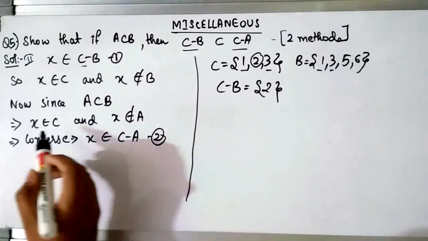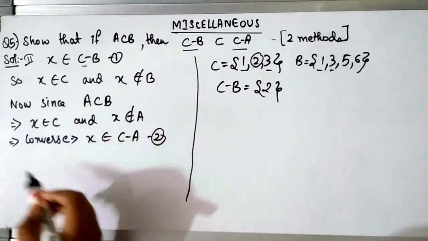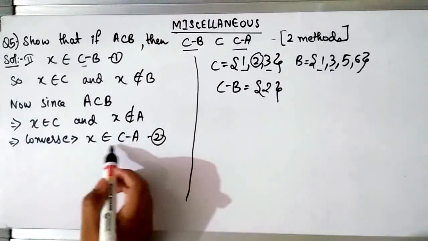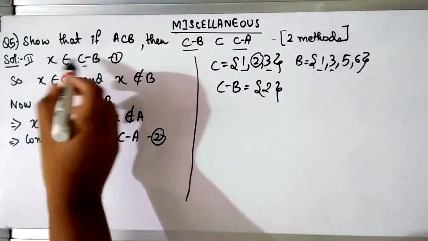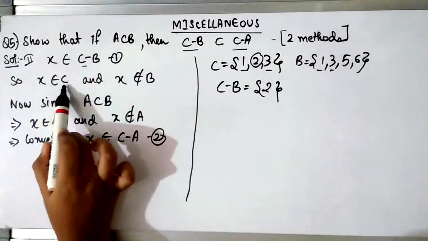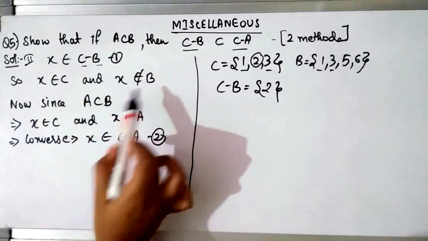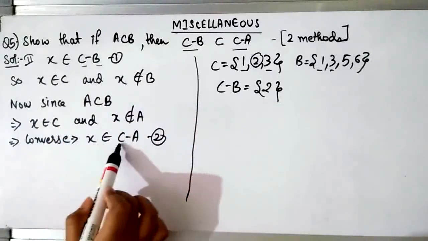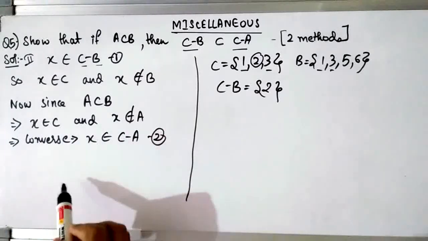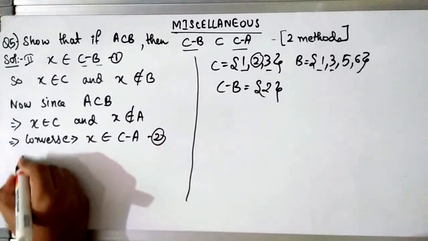So X will definitely belong to C, but it will not belong to A, because you write the leftover elements of C. Similarly to our previous one, when X belonged to C minus B, it meant that X belonged to C but not to B. Similarly over here, X belongs to C minus A means that X belongs to C but does not belong to A, right?